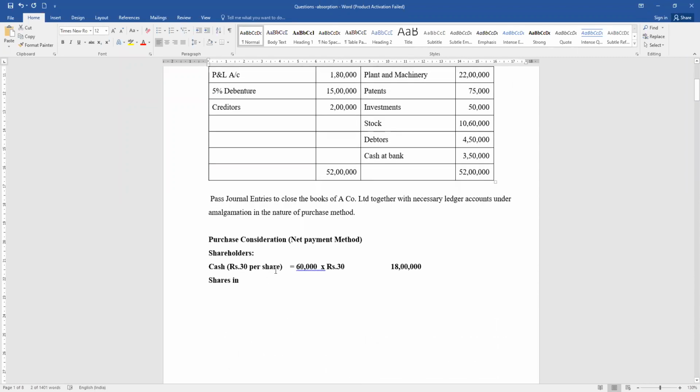So shares in B Company Limited. How many shares? 3 shares for every 1 share in A Limited.